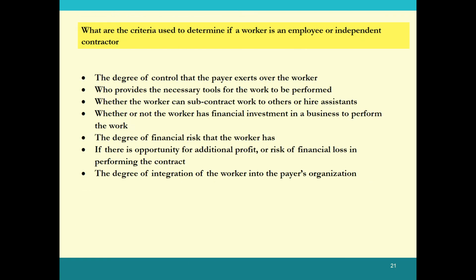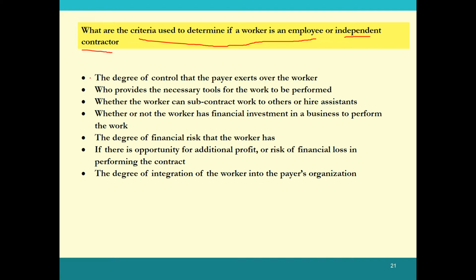Now, I added a few things for more clarification. There are certain review questions at the end of the chapter, and I thought I could address them so you can look into it. What are the criteria used to determine if a worker is an employee, independent contractor or self-employed?